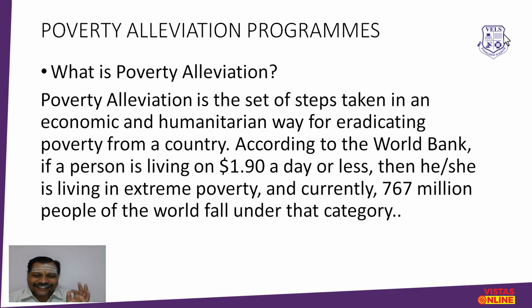Currently, nearly 767 million people in the world fall under this category. $1.9 means approximately 150 rupees per day; if a person does not have that, then he comes under the poverty line category. So the target group for poverty alleviation is those below $1.9.